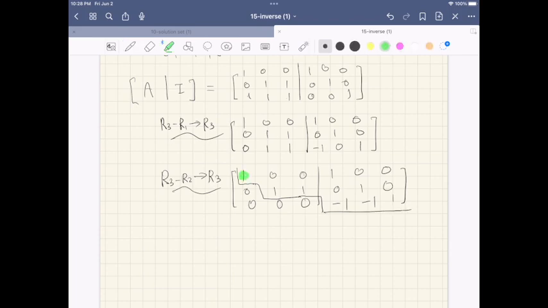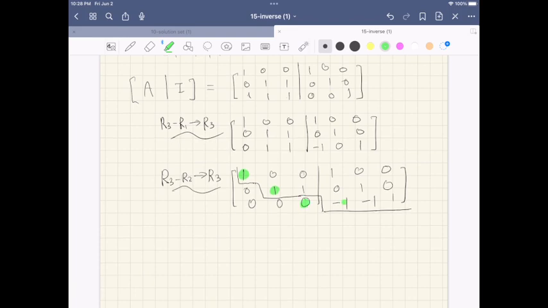The pivot is here and here, but the next pivot is not in the third column, it's in the fourth column. That means we cannot change this. It's not equal to I, the identity matrix. We cannot change the first half into the identity matrix.